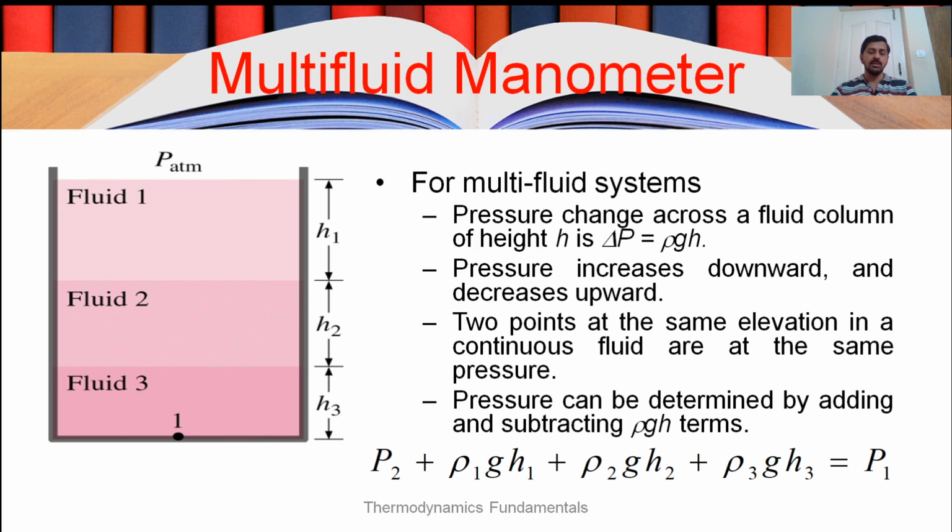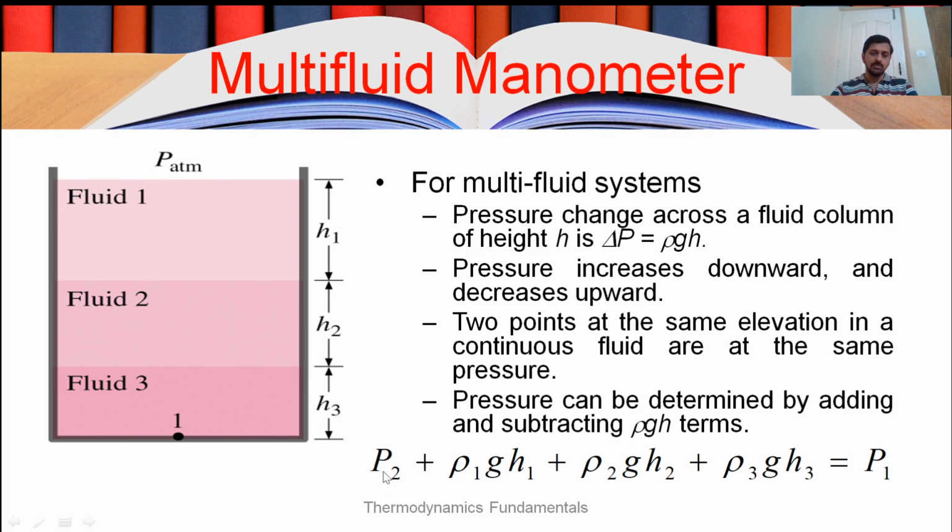Now, you may have to use multi-fluid manometers. In that case, the heights and densities of the fluids will be different, right? So at point 1, at the bottom of the tank, P1 will be the atmospheric pressure, that is P2, plus rho 1 g H1 plus rho 2 g H2 plus rho 3 g H3. That will be the pressure at point 1.